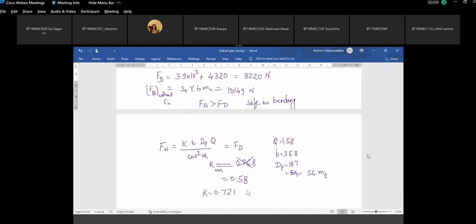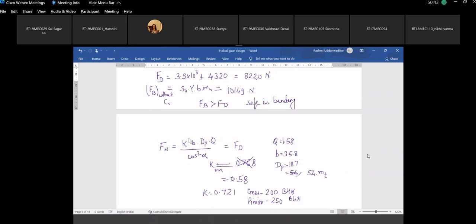Hardness is 200 for gear and 250 for pinion. Hardness of gear is 200 BHN. BHN stands for what? What is BHN? Brinell hardness number, yes.